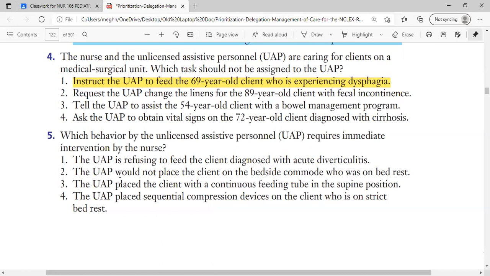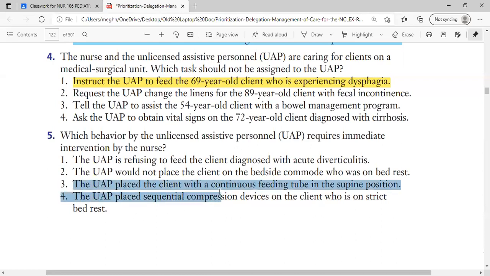Number 3, the UAP placed the client with a continuous feeding tube in a supine position. Definitely, it is wrong. A client with a continuous feeding tube should be in a Fowler or high Fowler position to prevent aspiration pneumonia. So this action requires immediate intervention by the nurse.